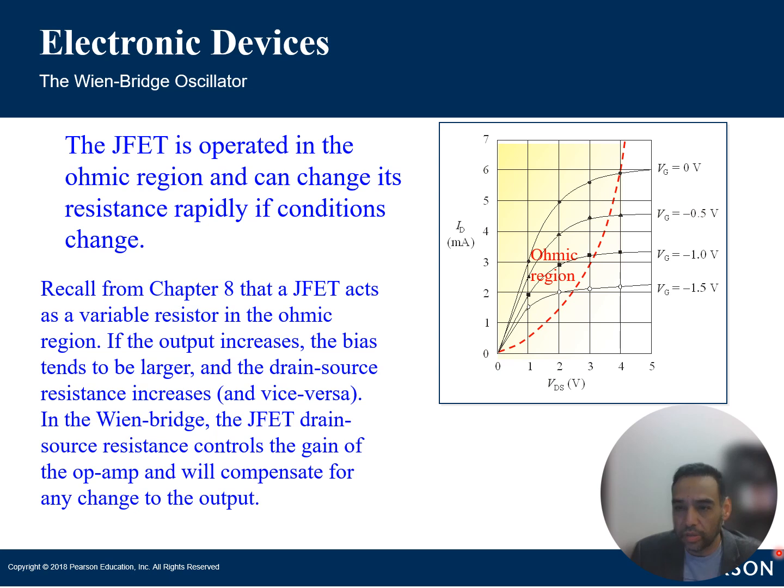JFETs, right? They're operated in this particular case in the ohmic region, and they're commonly used in circuits where you have voltage controlled amplifiers, and so they act like variable resistors to control the gain. I can't guarantee this is where the circuit is actually found, but I'm just thinking of a very good application where you're going to be dealing with audio frequencies. Again, I'm not guaranteeing that this is what the circuit looks like, but an automatic gain control device, we're talking about automatic gain control.